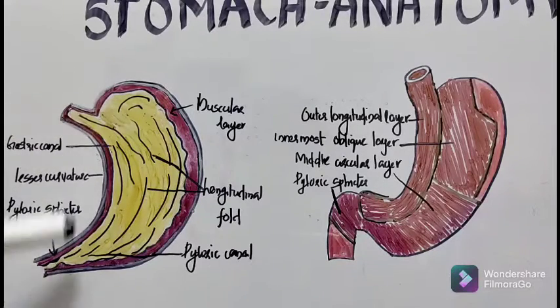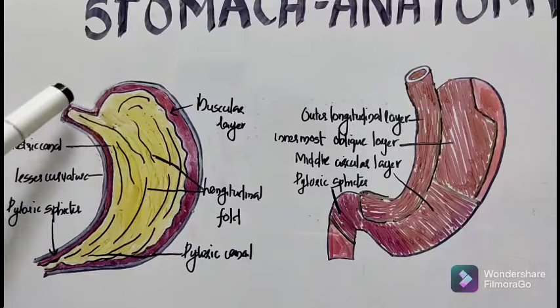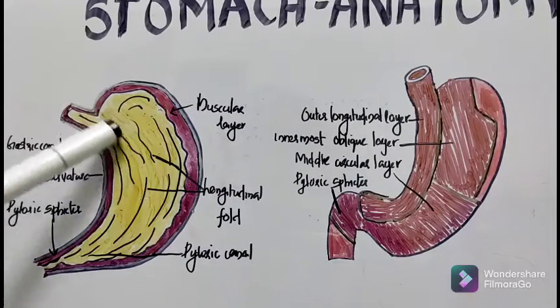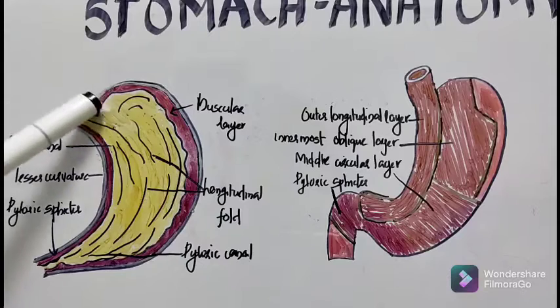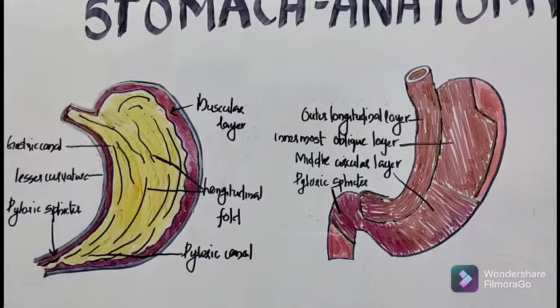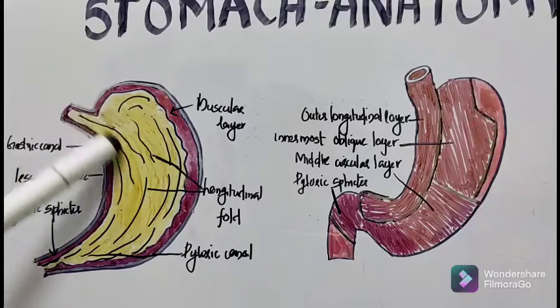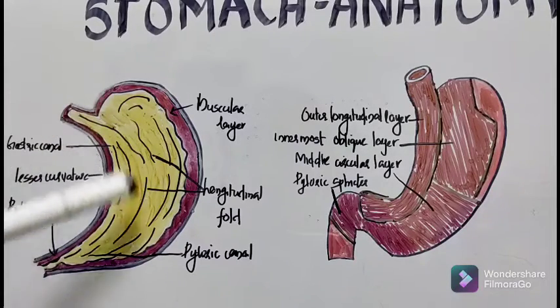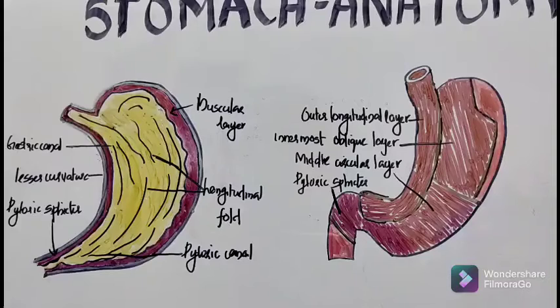So this part of the stomach gets the maximum insult, since fluids only pass through this part. So beware of the fluids you take. This part is more prone to ulceration.